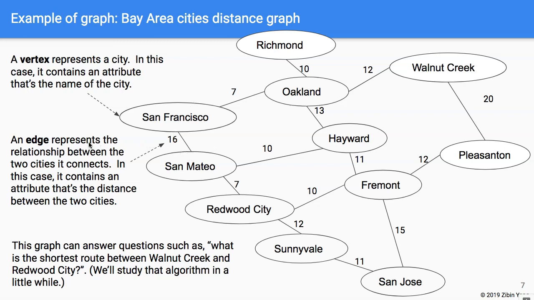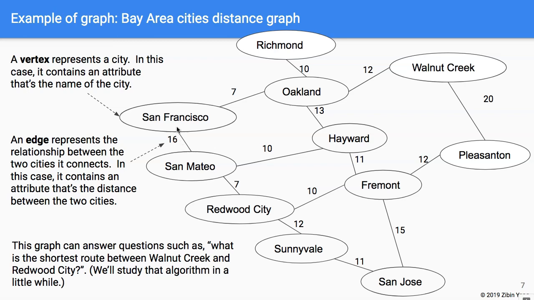And remember, an edge represents a relationship between two vertices. An edge in general can again contain a number of attributes. In this particular case, an edge represents the distance between the cities, and therefore it contains a single attribute that is a number.